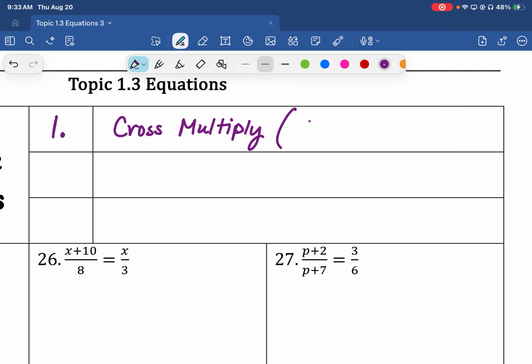The way we do this is if you have A divided by B is equal to C divided by D, you take A and multiply it by D to get AD is equal to, and then you do the same thing for B and C to get BC. That right there is how you do cross multiplication. After you cross multiply, you will distribute if you need to.